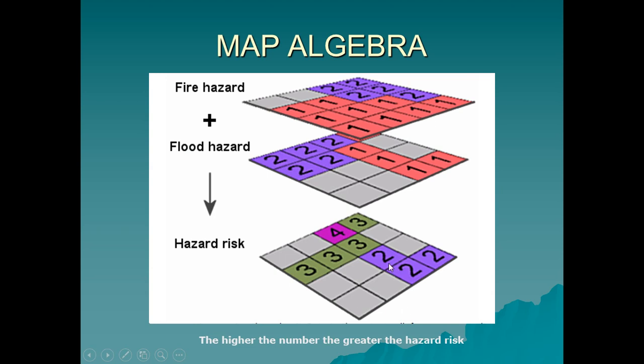So your final result here tells us that this particular cell has the highest risk of flood and fire, and then we have other cells here that represent levels of risk. Where you see no value assigned, that is because there was no opportunity to add both fire and flood together, so they remain blank.